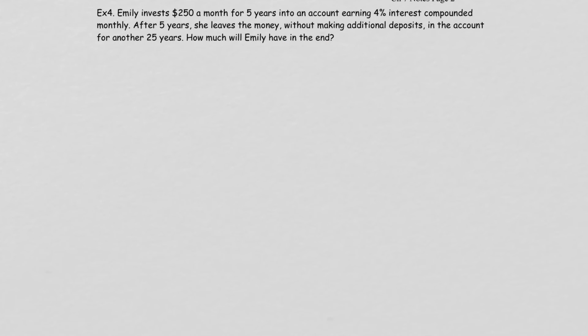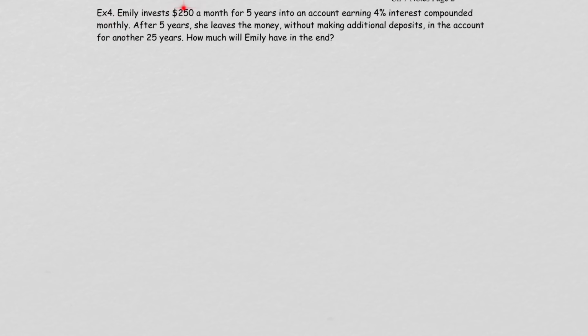So in this example, you're going to end up using two formulas, right? So let's read the problem and what they're asking. Emily invests $250 a month for 5 years into an account that earns 4% interest, compounded monthly.